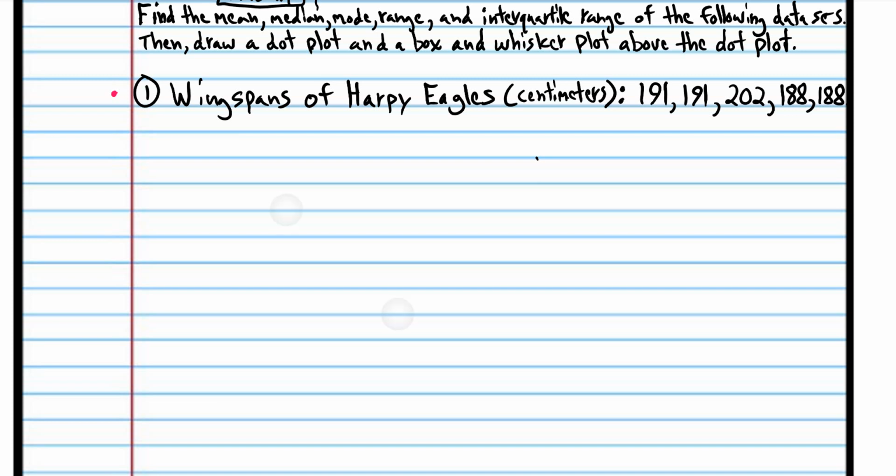All right, we're back. So the mean is equal to the sum of the data divided by the number of numbers in the data. There's 1, 2, 3, 4, 5 numbers. So we divide by 5.